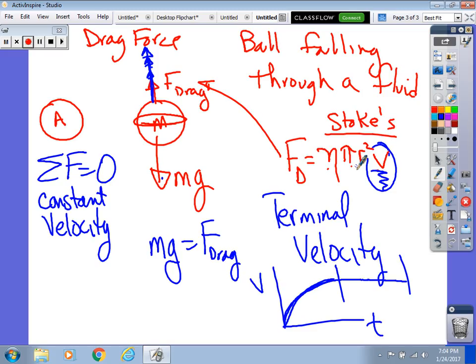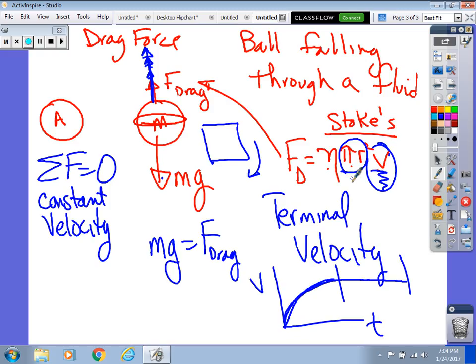Now, you can see that if you've got something that's not regularly shaped like a sphere, let's say you drop a cube. What happens is that cube becomes kind of unbalanced in the air and it tumbles. And as this thing tumbles, the cross-sectional area changes. So this thing behaves weirdly, and that's why when you drop irregular shaped objects like a human or a piece of paper or a feather, they tumble and do strange things.